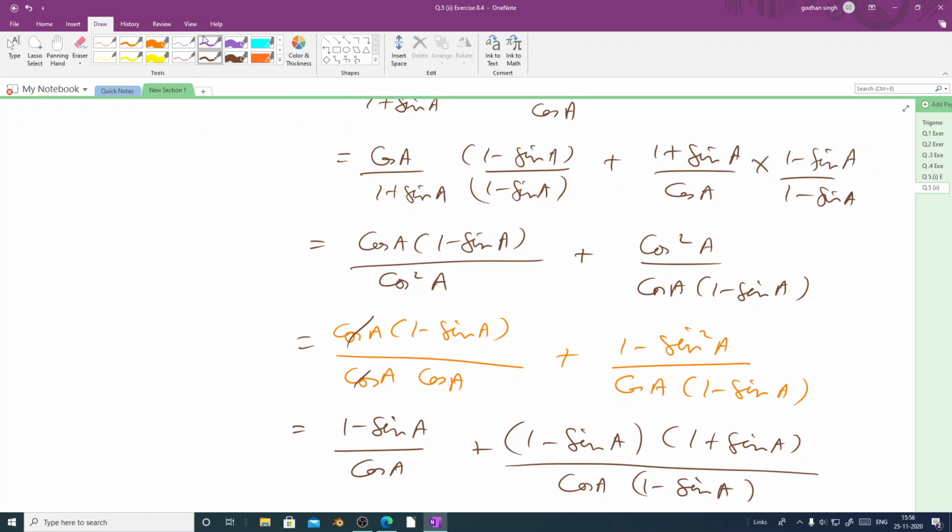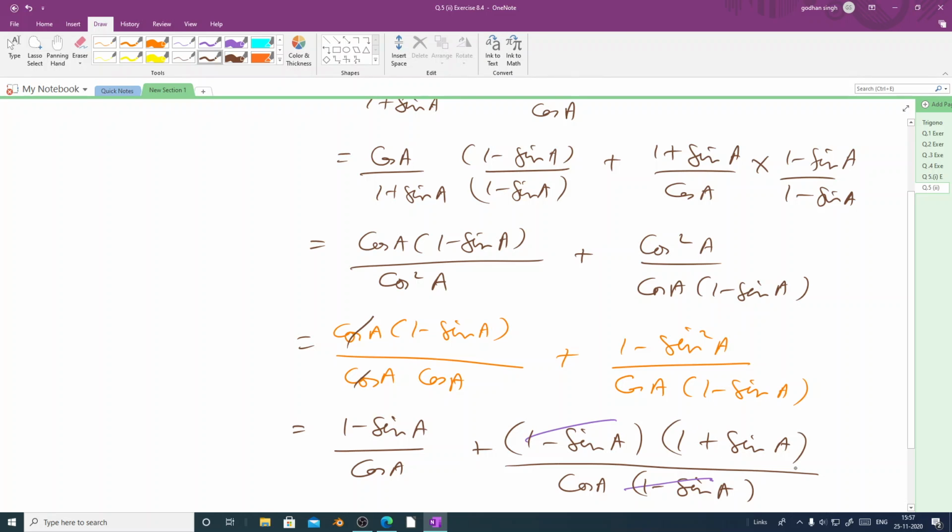Here also we can see that in both numerator and denominator 1 minus sin a is common, so we'll be cancelling that out. So cancelling 1 minus sin a in both parts, and this will be rewritten as 1 plus sin a.